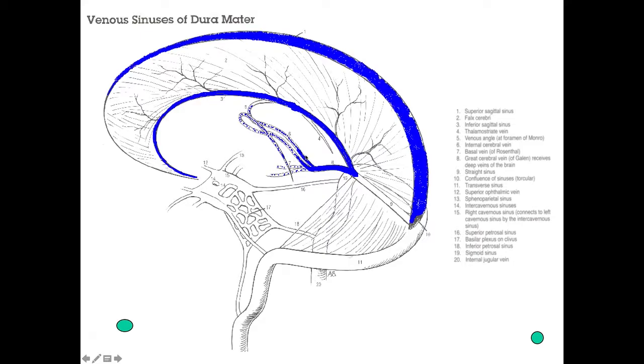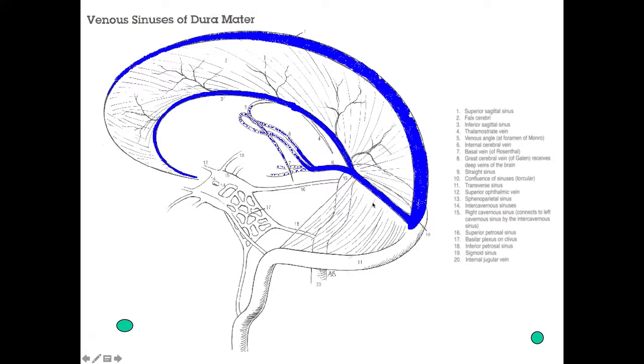Then we have these internal cerebral veins that are coming in and taking in some of that blood flow as well. We also have a little bit of influx coming from the basal vein here, but the internal cerebral vein is the one I wanted to point out to you.